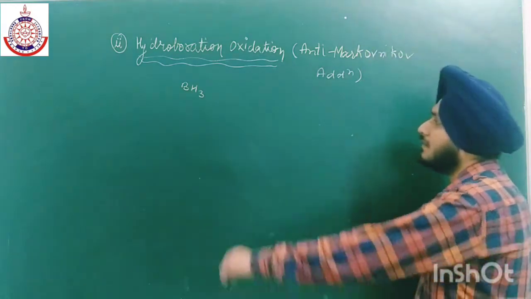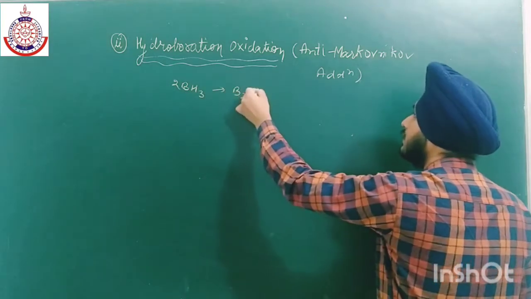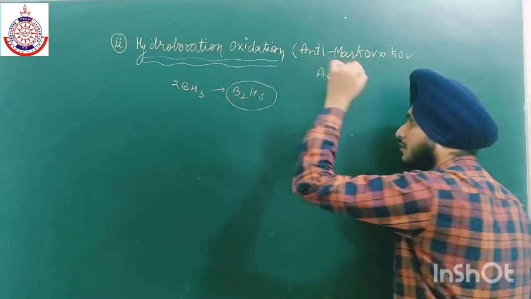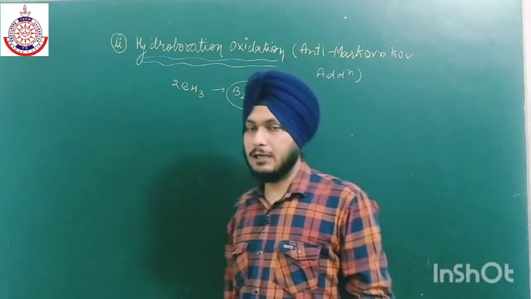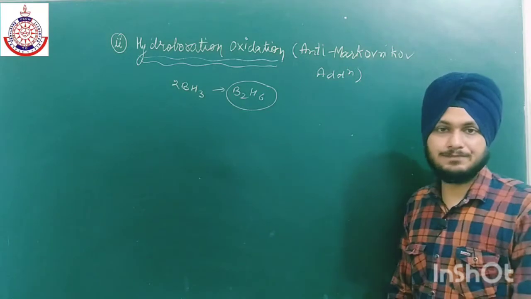This BH3 will dimerize and form B2H6, so it will exist in dimeric form in order to complete its octet. But BH3, which is quite unstable, will firstly react with the alkene.